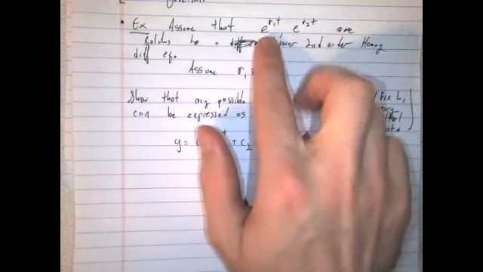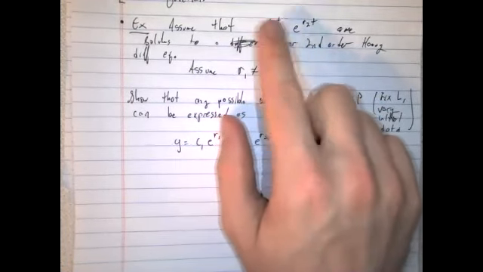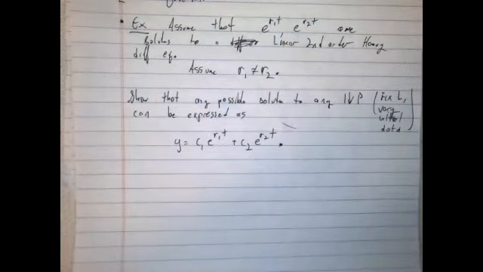Exactly. What you should be checking is whether the Wronskian of these two functions is identically equal to 0, or is it not 0 for some value of t?